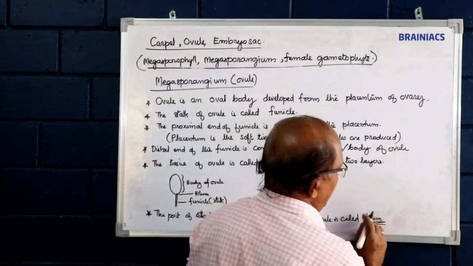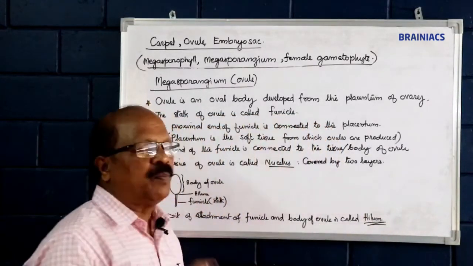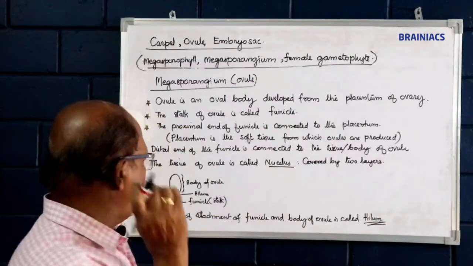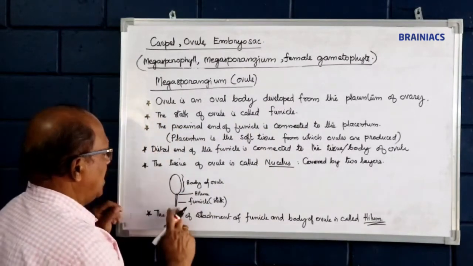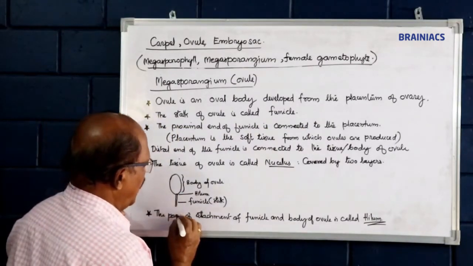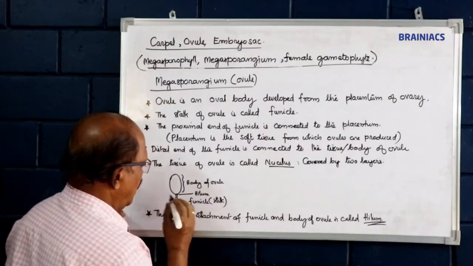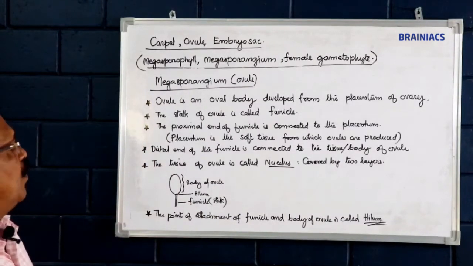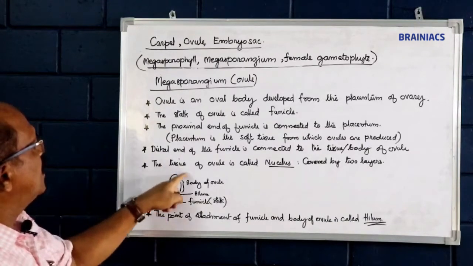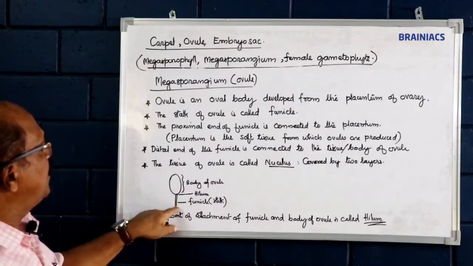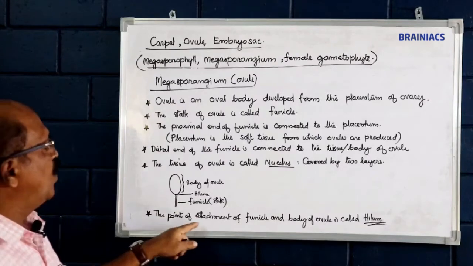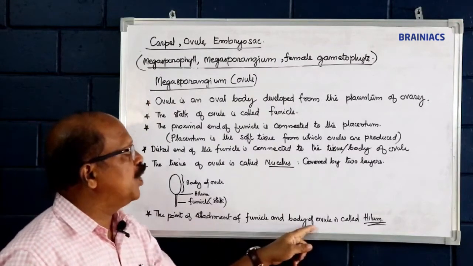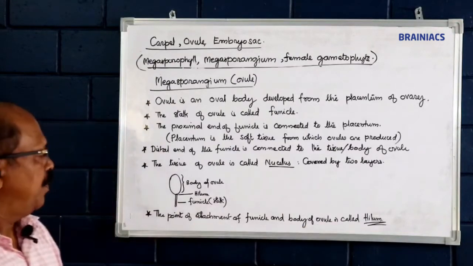It is just like a connecting part. This is the body of ovule. This is funicle. Point of attachment of funicle and body of ovule is called hilum.